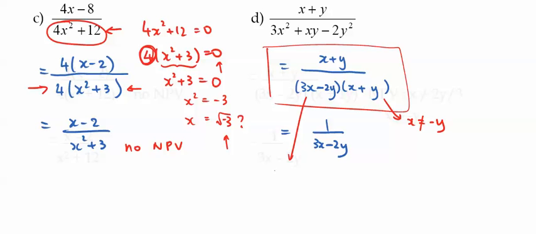From the denominator there, because you don't want this to be 0, and that means you don't want your x to be 2y over 3. That's your non-permissible value. So we are trying to solve for x to get the non-permissible value. Your non-permissible values can be a variable.